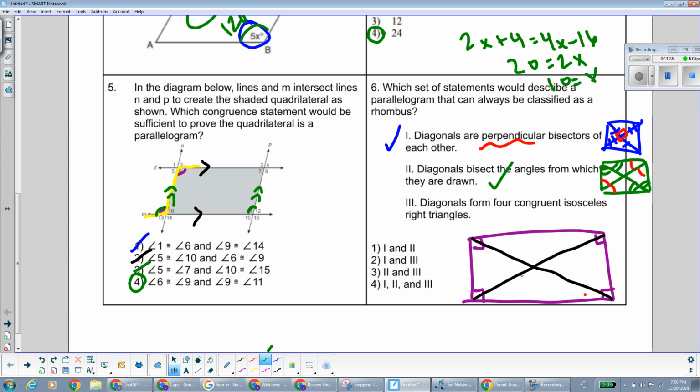Since the diagonals are congruent in a rectangle, when they get bisected, each half is the same as each other. So the isosceles right triangles is a property of rectangles. So 1 and 2 is the correct answer here. The isosceles part is what throws it off.